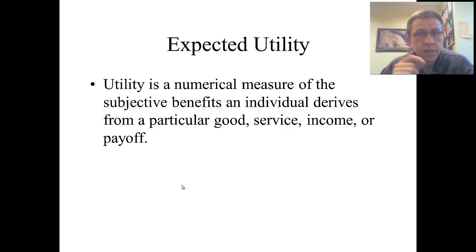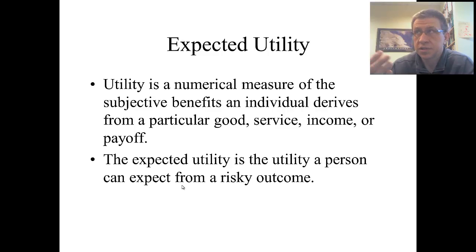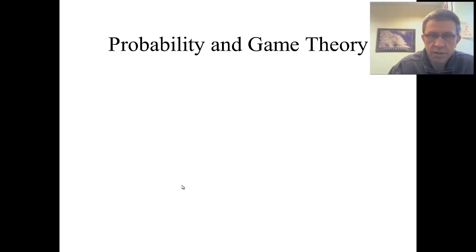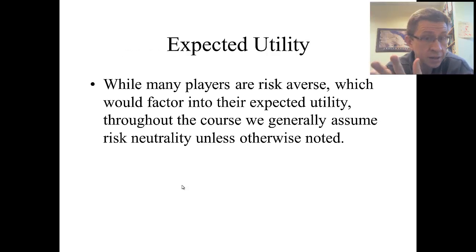Expected utility comes into play instead of expected value when you have risk-averse agents. So if you're risk-averse, then your utility from an action could be different than just the pure monetary value if it's a risky outcome. What we're going to generally note in this class is that we're going to assume risk neutrality. Let me go back a slide. We're going to assume risk neutrality throughout the course, unless we note otherwise.